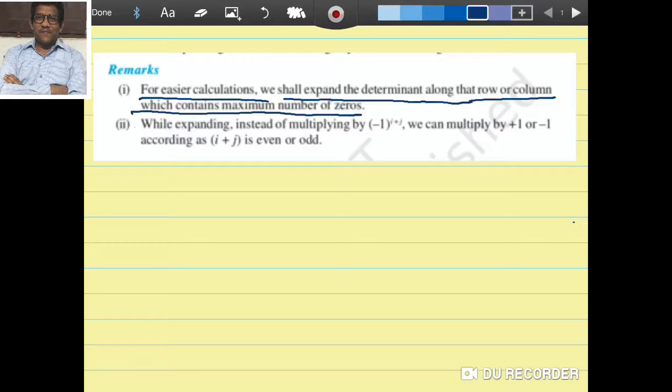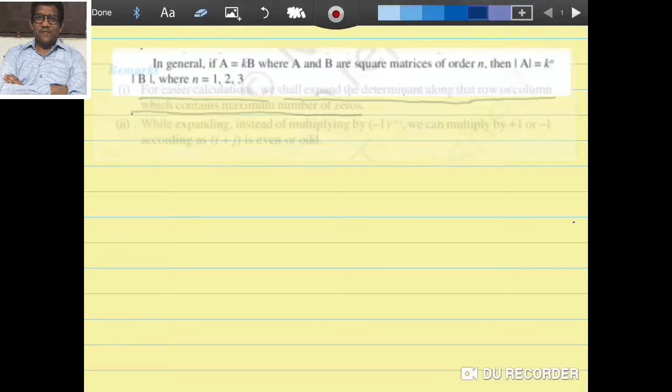Second, while expanding, instead of multiplying by minus 1 to the power i plus j, we can multiply by plus 1 or minus 1 according as i plus j is even or odd.